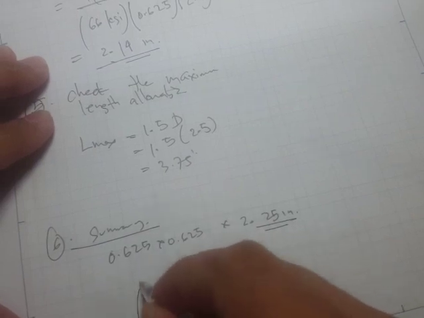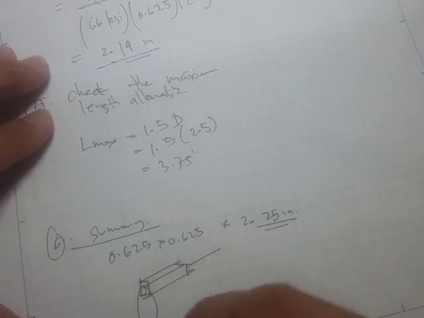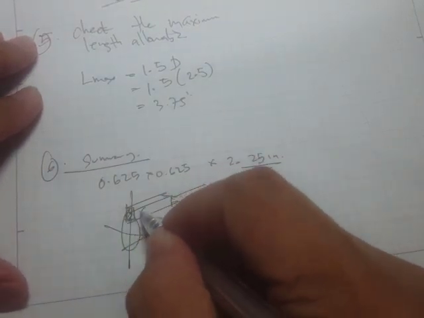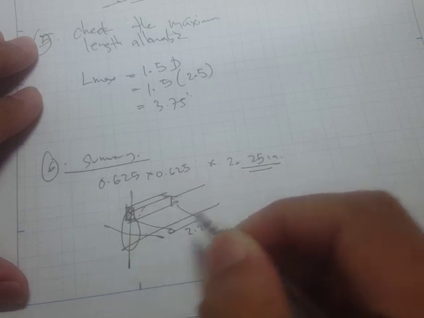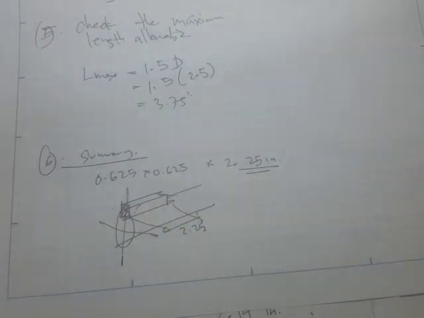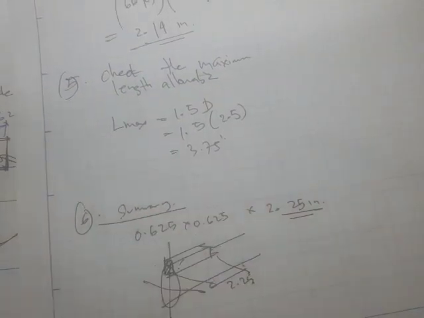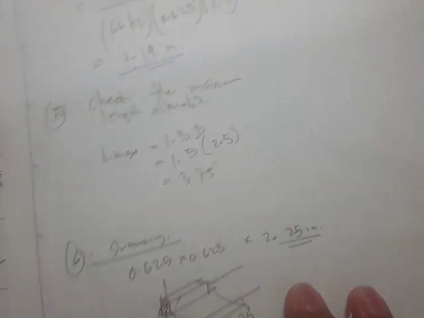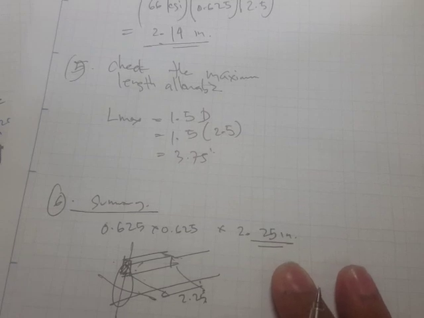And of course you will only need a single key. So here's our 2.25, and here's our cross section. That's all for this shaft key, and in the next video we'll be discussing shaft couplings.